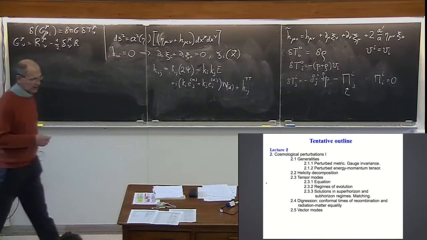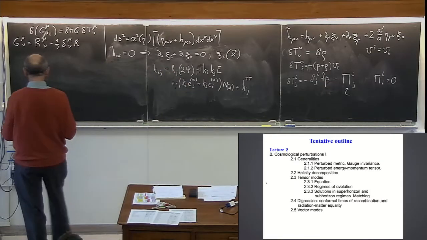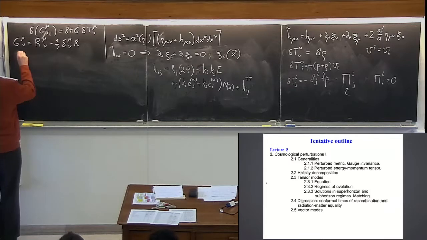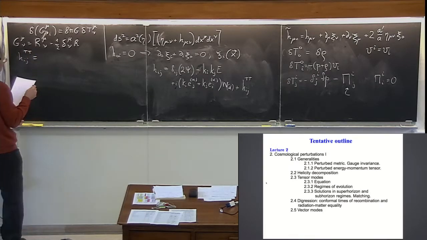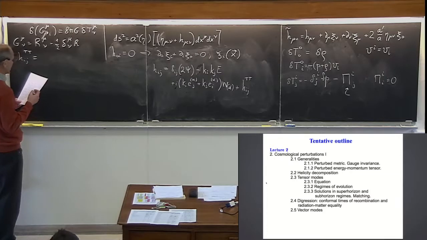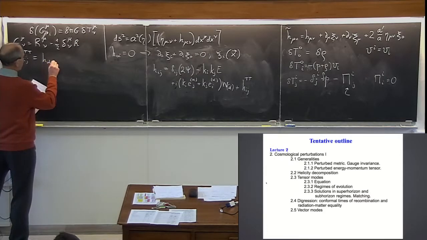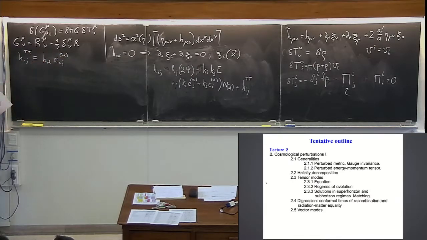And for completeness, let me write down what they are. So hij transverse traceless can be decomposed into two polarizations, which correspond to positive and negative helicity of the massless gravitational wave. It's h alpha times E alpha ij, where this Eij is a symmetric tensor, which must be transverse and traceless.